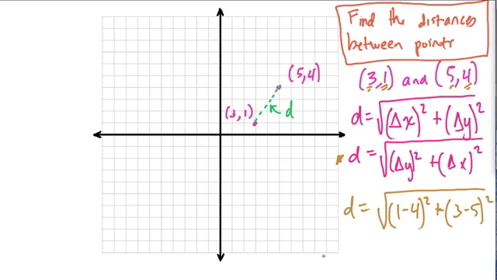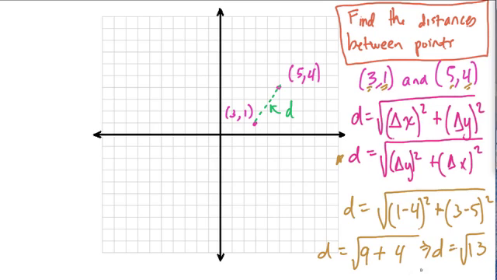We add these up, and d is going to equal what? 1 minus 4 is negative 3. That squared is 9. Plus 3 minus 5 squared is 4, because 3 minus 5 is negative 2, squared is 4. And d is equal to the square root of 13.